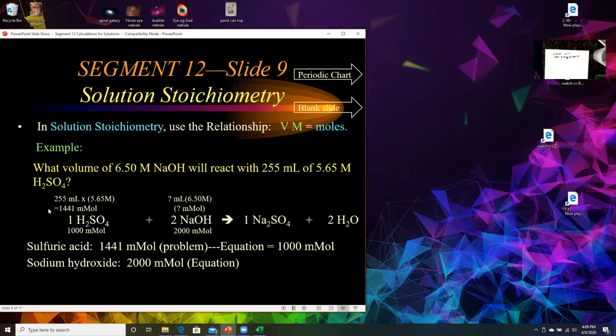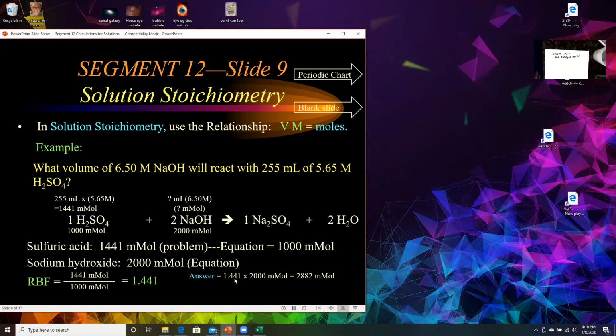So now I've got the problem set up to work by the rebalancing method I showed you earlier. I can solve for this answer in millimoles by taking 1,441 and dividing by 1,000. That gives me my rebalancing factor. That's 1.441. My answer for the sodium hydroxide that we need is to multiply by 2,000.